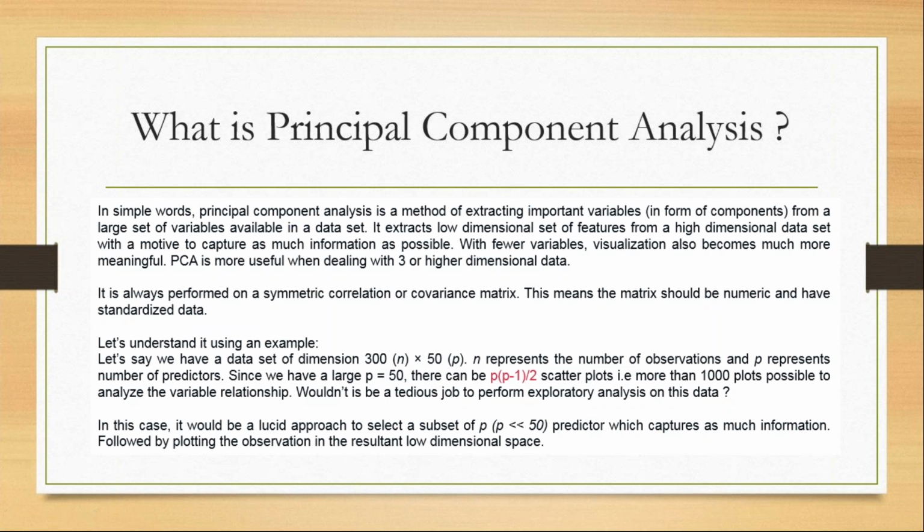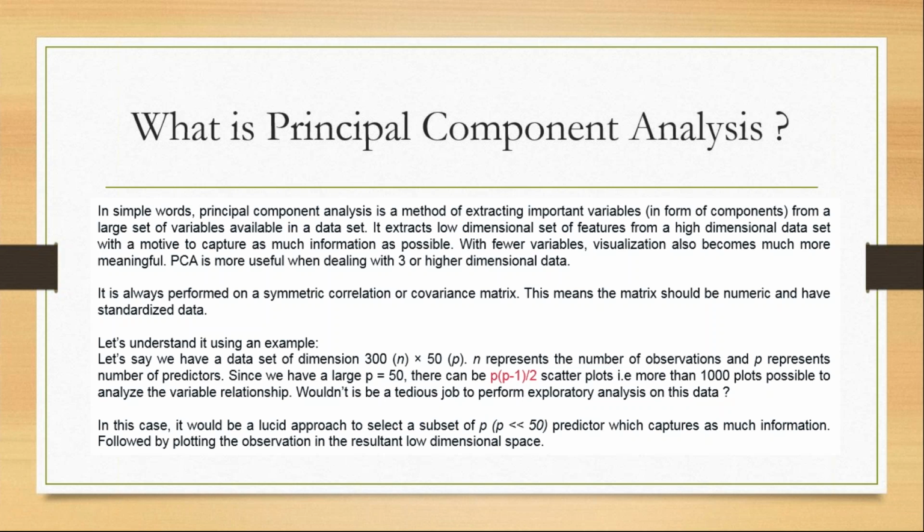Since we have large P, here this is PC2, or what we call nC2, where out of n points, if we have to choose two at a time, this is the formula. So we can have so many scatter plots, and that number would be quite high. So how to deal with it?